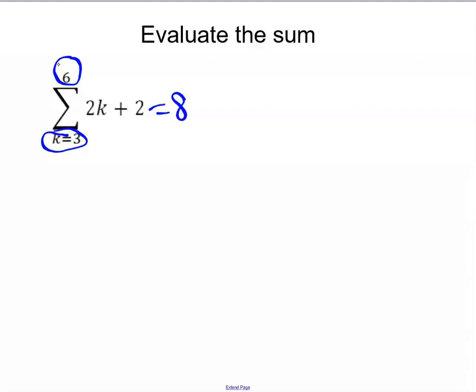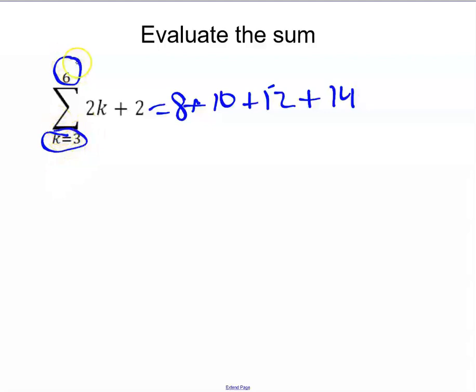So first what this is telling us to do is plug in 3, and then take that number and add to it what you get when you plug in 4. So if you plug in 4, that's 8 plus 2 is 10. Then plug in 5. 10 plus 2 is 12. Then plug in 6. 12 plus 2 is 14. So we plugged in 3, 4, 5, and then plugged in 6. So first number we plugged in was 3.